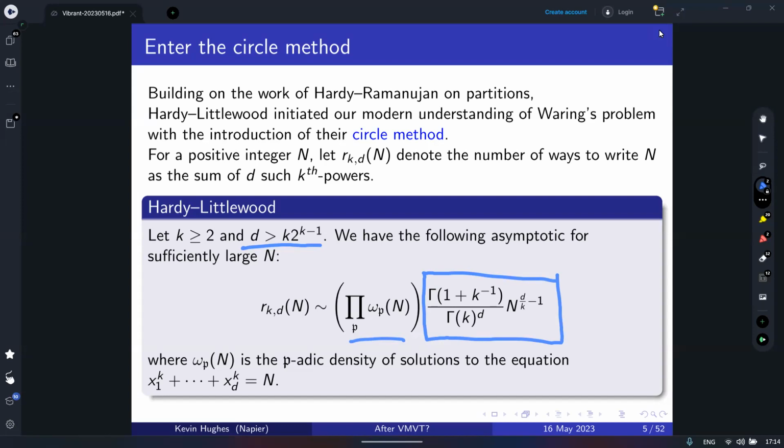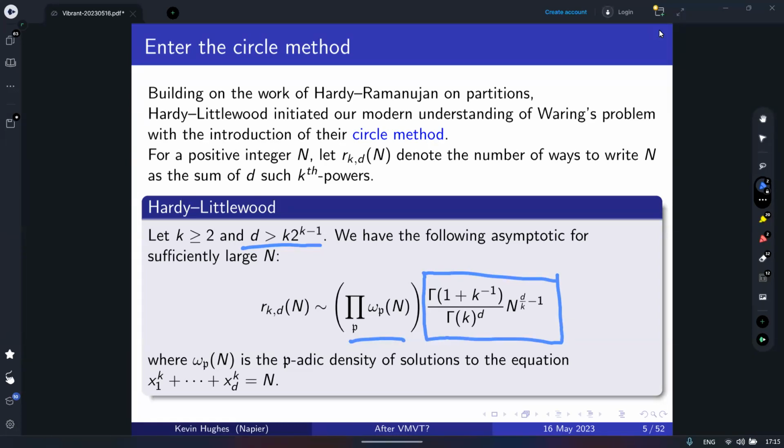And then you find out any number congruent to 7 mod 8, you cannot write as a sum of 3 squares. So these p-adic densities are what incorporate the arithmetic information like that, what's happening at the congruence levels. How many solutions you have, mod 8 or mod 1,000,000 or mod whatever.